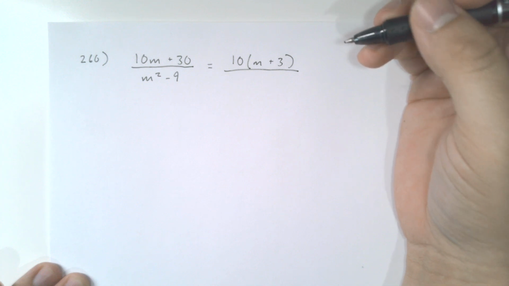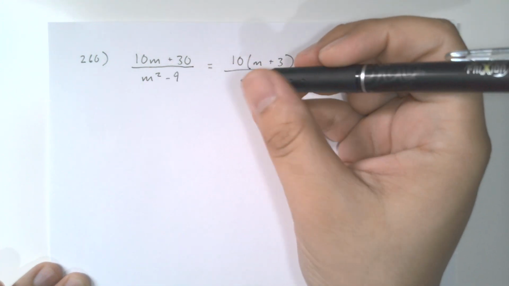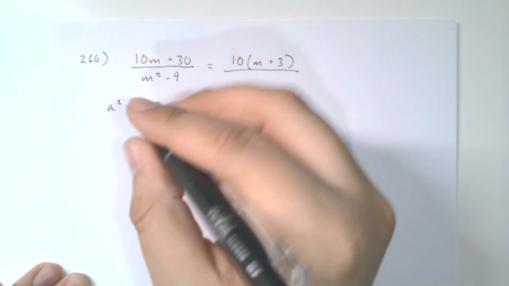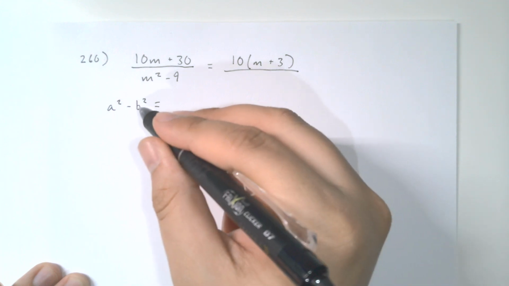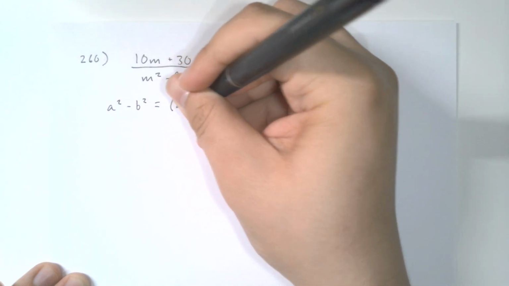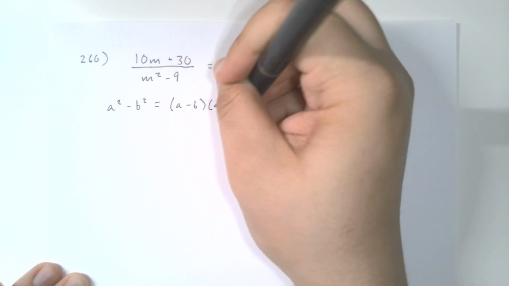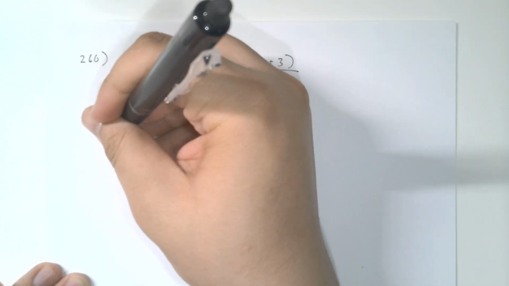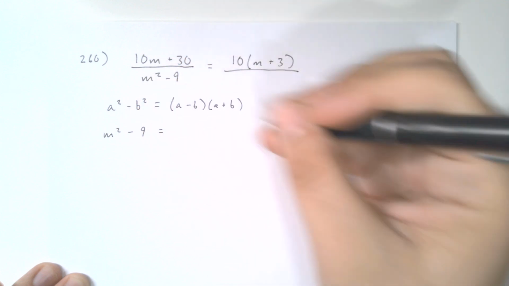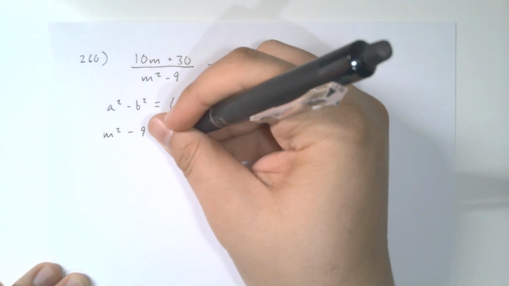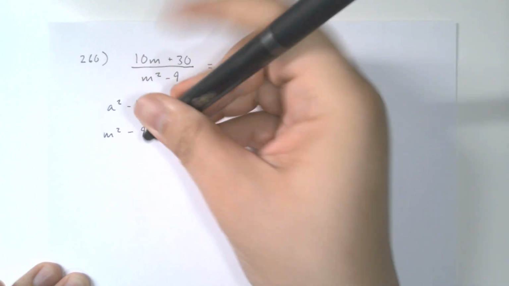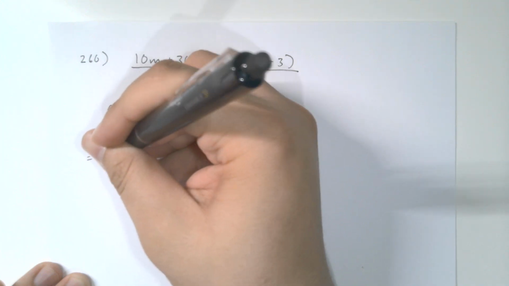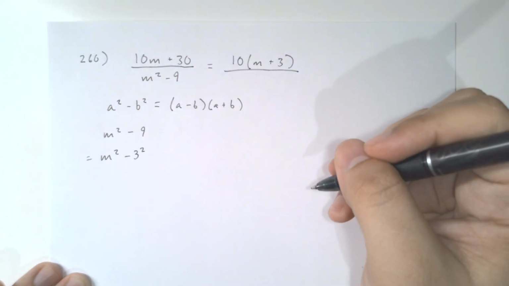So the top is factored, and now we want to factor m squared minus 9. We want to recall that the difference of squares formula tells us that if we have something like a squared minus b squared, it's equal to a minus b times a plus b. Well, 9 we can write as 3 squared, so I write this as m squared minus 9. This is equal to, maybe I'll write it below, that way you can see it in line with the formula, m squared minus 3 squared.